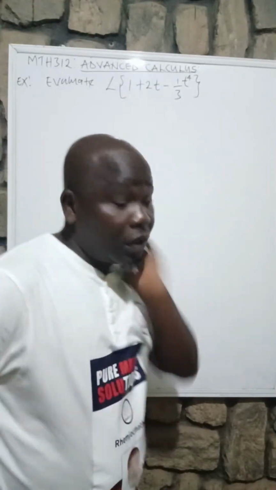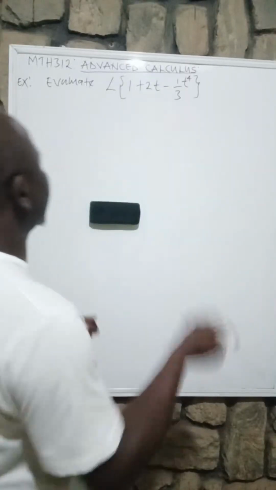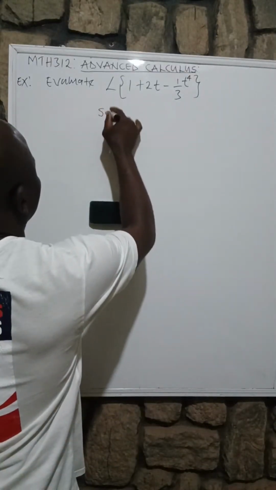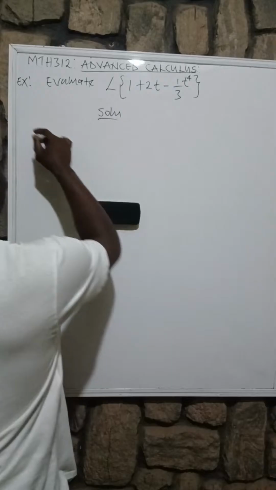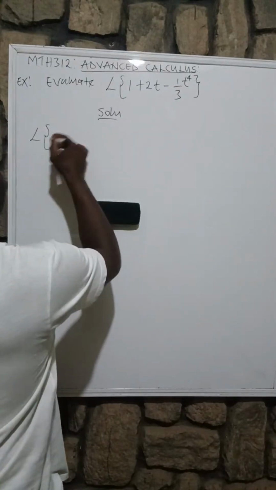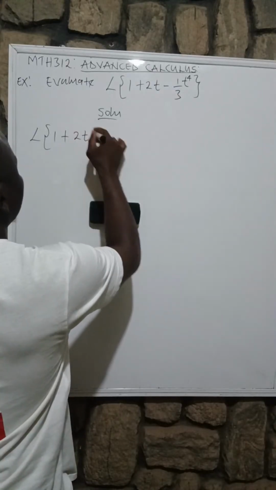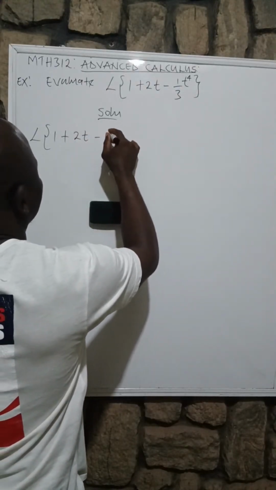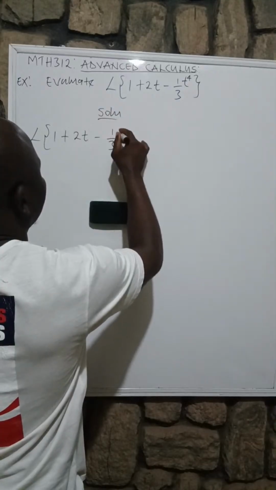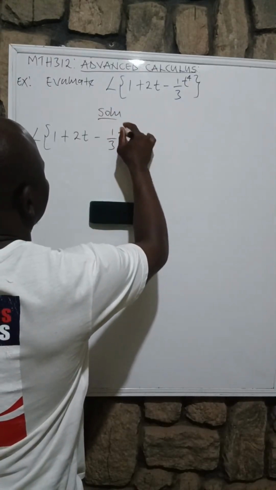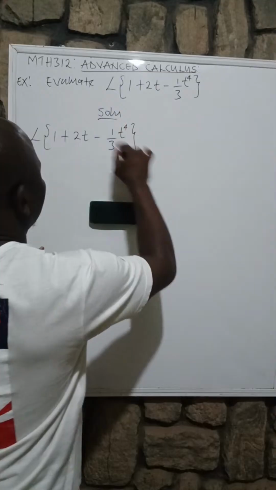So let's proceed. Solution: Laplace of (1 plus 2t) minus 1 all over 3 t raised to the power of 4.